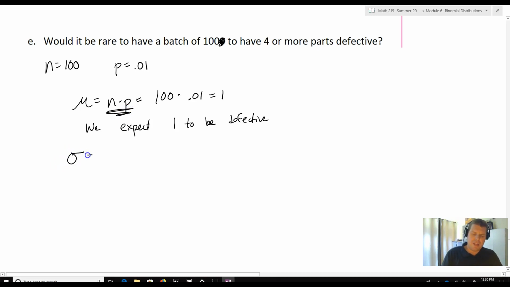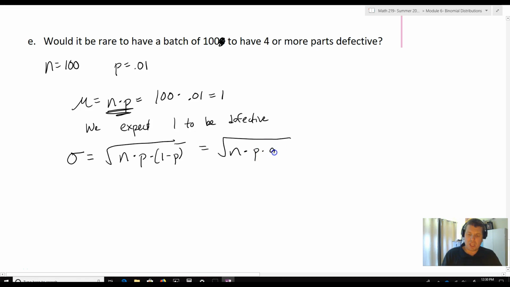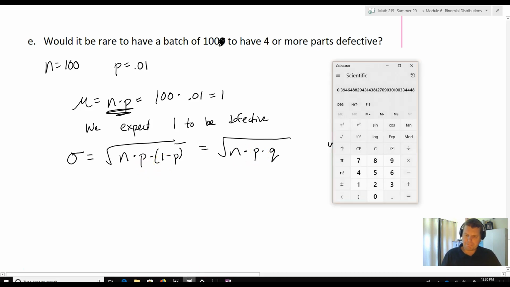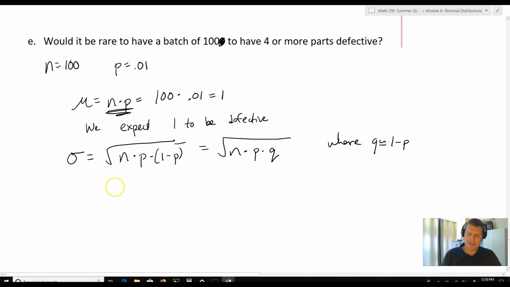Then I need a standard deviation. Sigma is going to equal the square root of n times p times 1 minus p, or we also sometimes use the square root of n times p times q, where q equals 1 minus p. So basically, probability of success times the probability of failure. So in this case, that equals 100 times 0.01 times 1 minus 0.01, or 0.99.